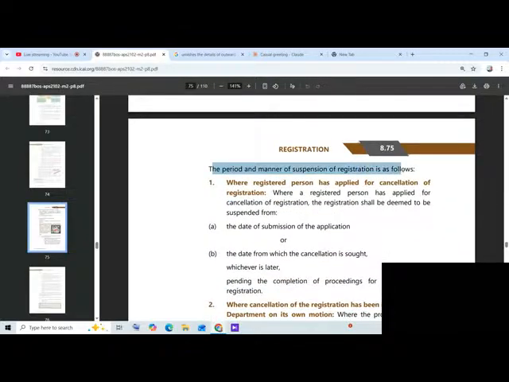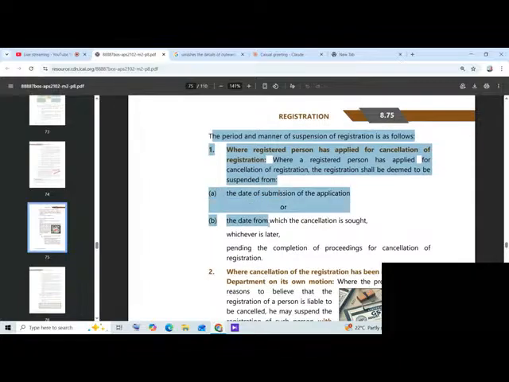The period and manner of suspension of registration is as follows: where a registered person has applied for cancellation of registration, the registration shall be deemed to be suspended from the date of submission of the application or the date from which the cancellation is sought, whichever is later, pending the completion of proceedings for cancellation of registration.